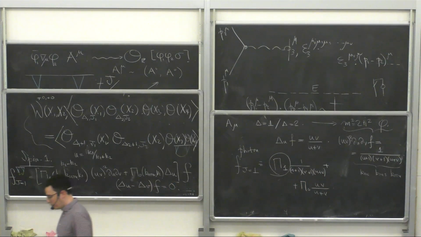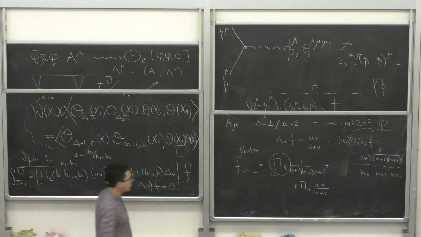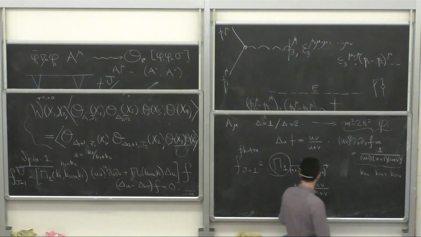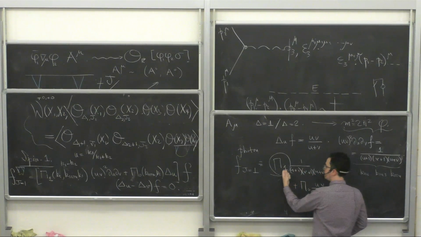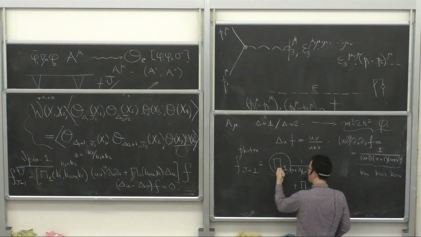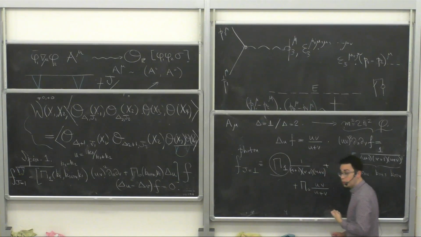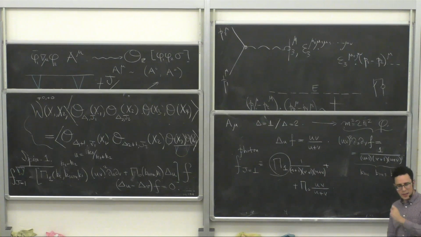So does that ring a bell? That's what the photon is all about. It doesn't carry a longitudinal degree of freedom. This is the longitudinal mode. This is the spin 1 part, the helicity 1 part, and this is the helicity 0. But it's not that the helicity 0 part is absent.